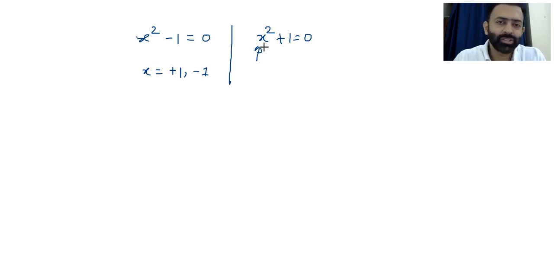But there is something called the fundamental theorem of algebra. It says that if you have an equation of degree n, then it will have n solutions, no matter whether the solutions are real or imaginary, right? I have introduced the term imaginary, but I will give you the meaning of this imaginary later.